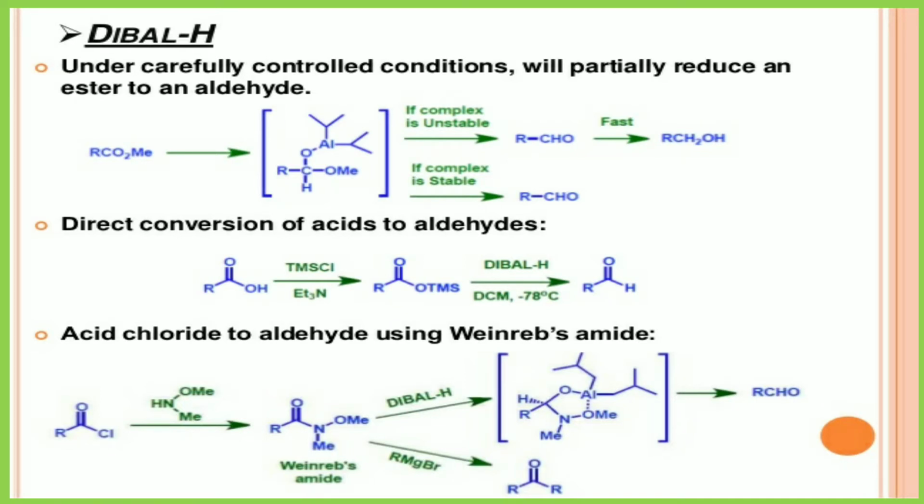Here under carefully controlled conditions, we partially reduce ester or ketone into the aldehyde. Here this is the ester compound which is treated with the DIBAL. The oxygen of the ester which is attached to the DIBAL is reduced to the aldehyde.